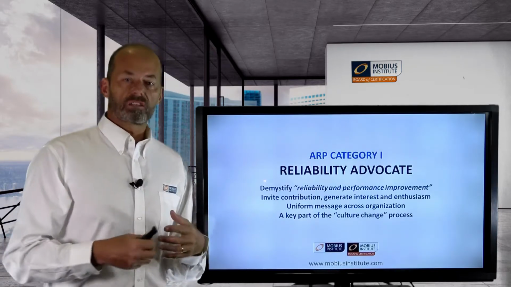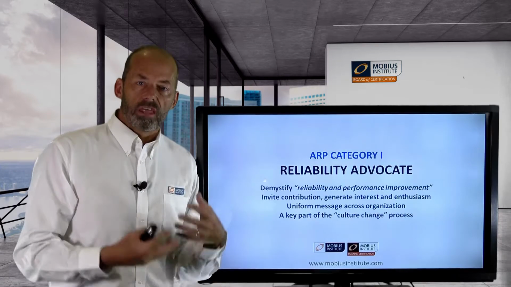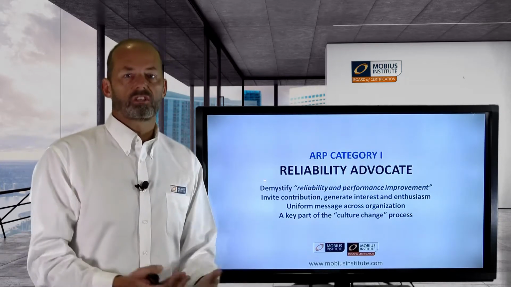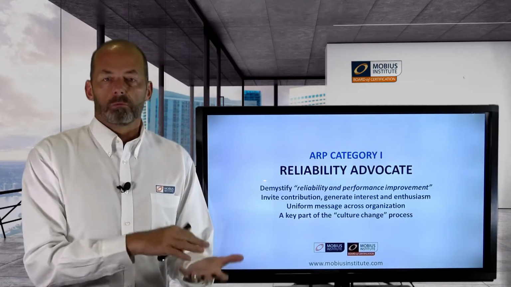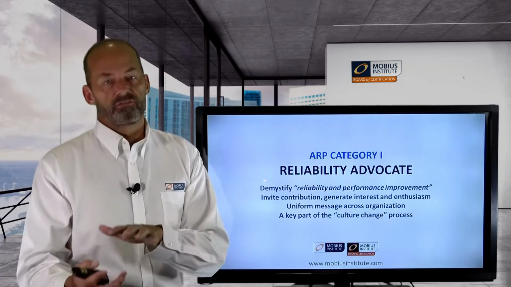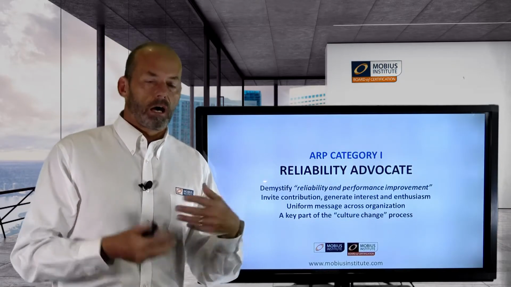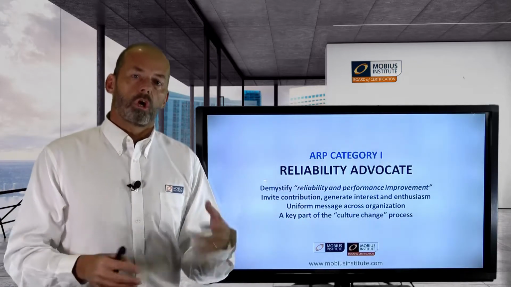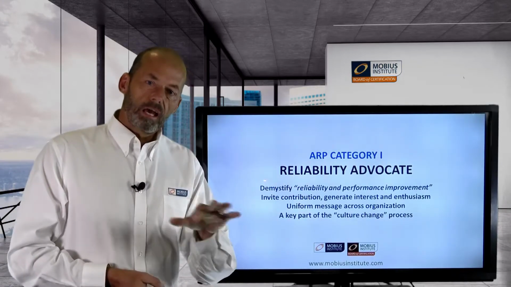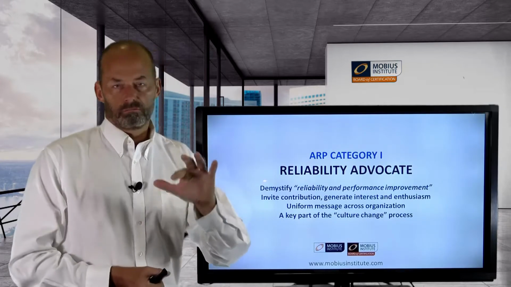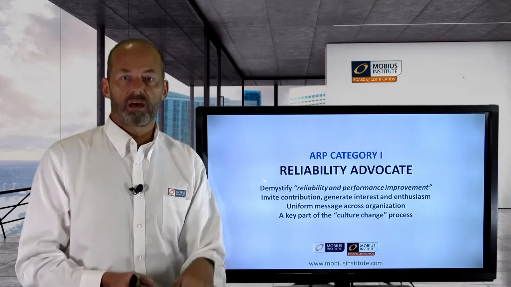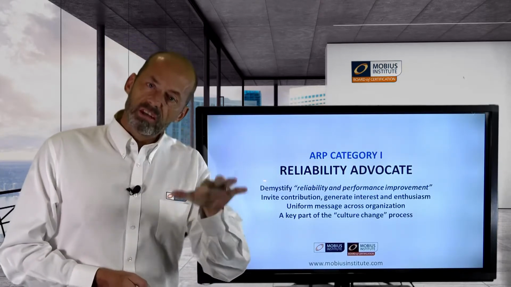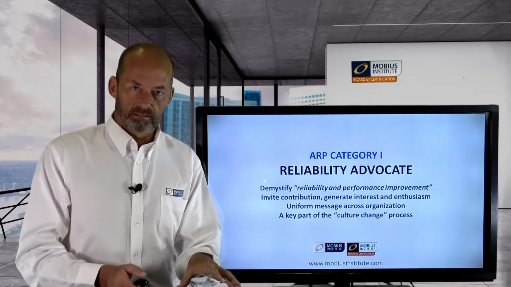Now Category 1 is for the reliability advocate, that person within the organisation, whether they work in maintenance, or perhaps a very junior reliability, operations, engineering, design, management, you name it. There are a lot of people whose day-to-day role is not to improve reliability and work in that space, but what they do in their job affects reliability.